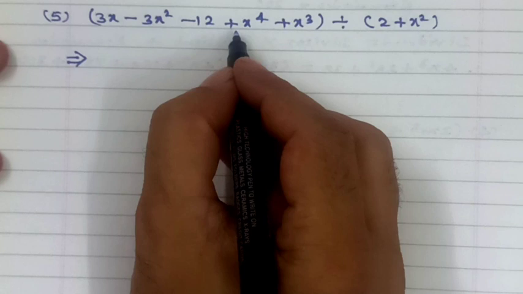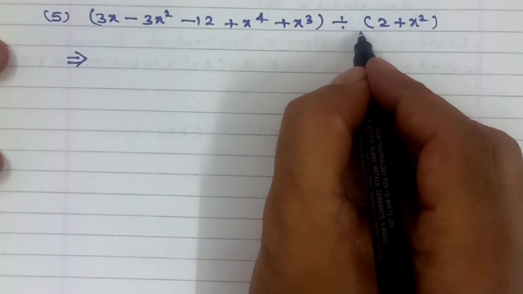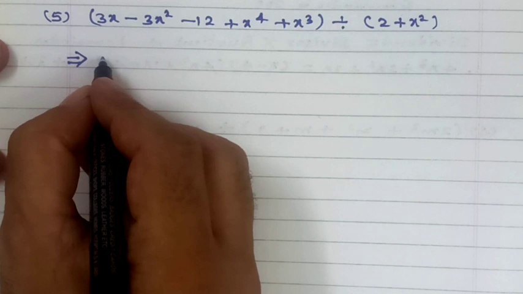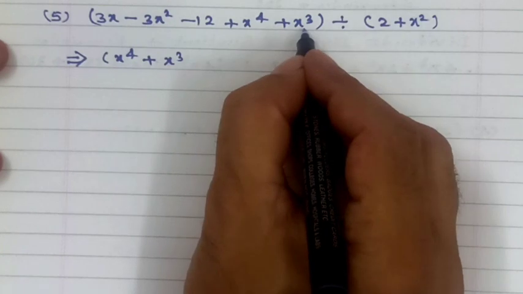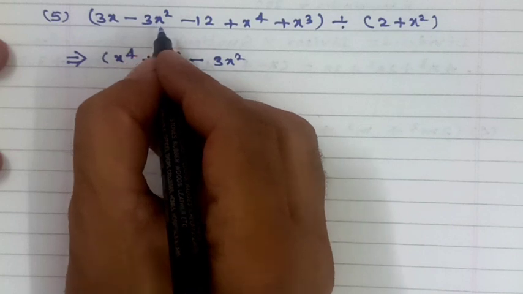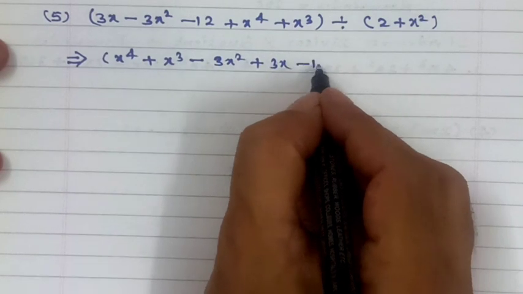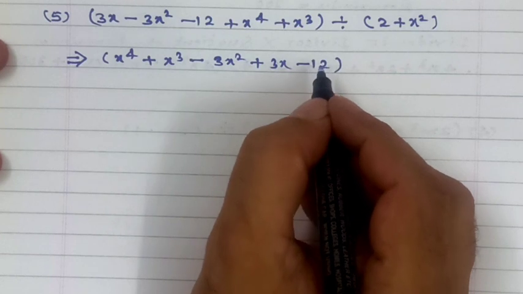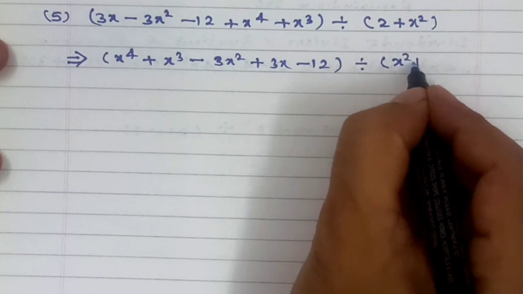If the terms in the dividend are not in the descending order, please write in the descending order, as well as the divisor. So here I'll write x raised 4 plus x raised 3, then minus 3x square, then plus 3x, and then minus 12. 4, 3, 2, 1 and 0 are the indices which are in the descending order, then divided by x square plus 2.